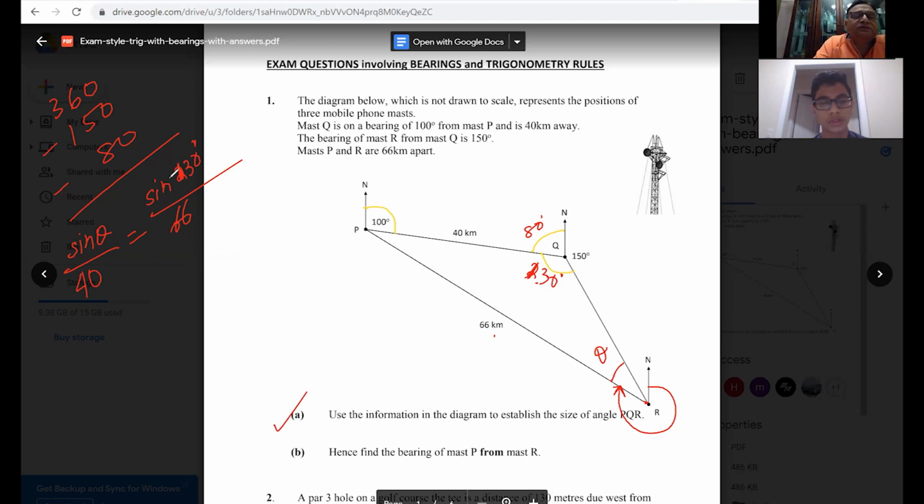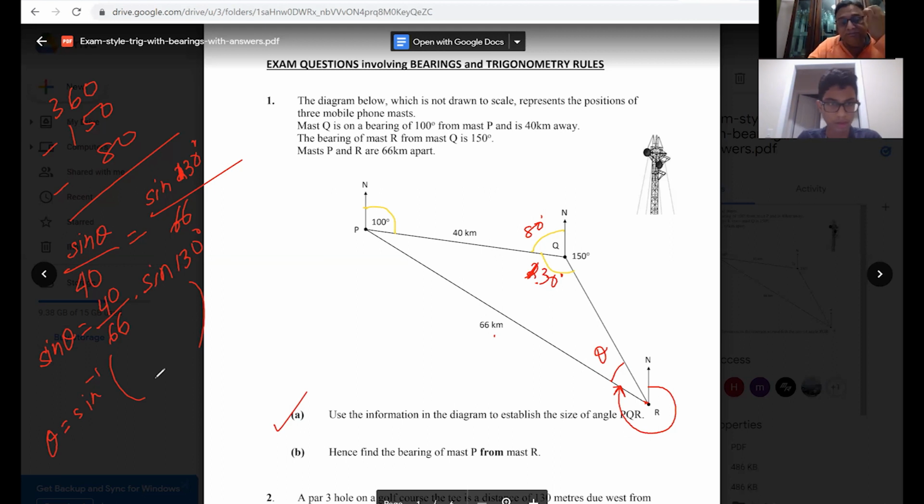Now we know sine theta, just cross multiply. What angle do you get? Sine theta is 40 over 66 times sine of 130 degrees. So how much do you get? Theta is sine inverse of all this, correct?